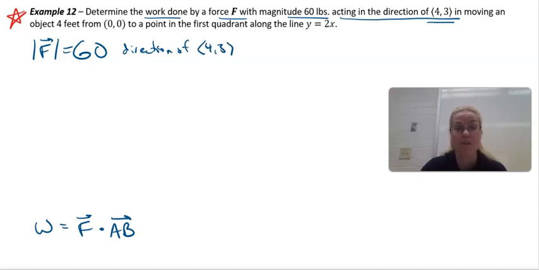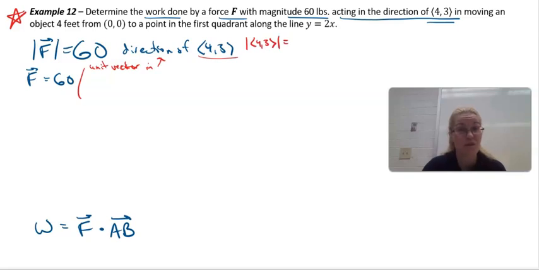So how do I find the components of F? F is going to equal 60 times a unit vector in the direction of 4, 3. So what would a unit vector in the direction of 4, 3 be? Well, what is the magnitude of 4, 3?